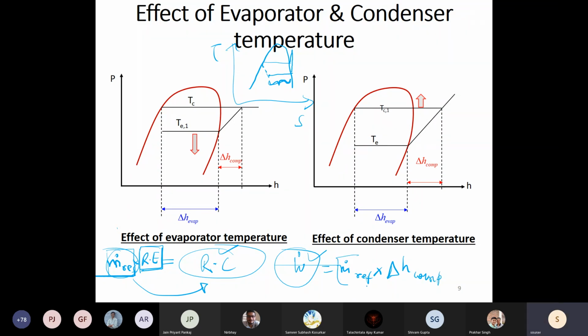So you see that this information was missing if we were just looking at the thermodynamic cycle. So we had to bring in our understanding of the volumetric efficiency of the compressor and what is the mass flow rate that will be delivered by the compressor, and then only we can fully see the picture.